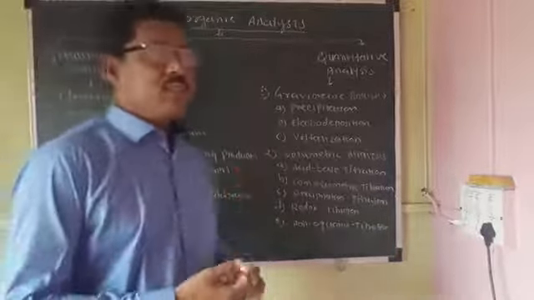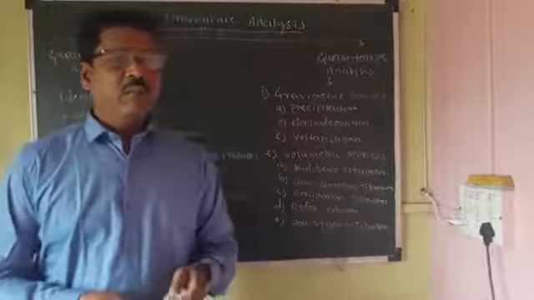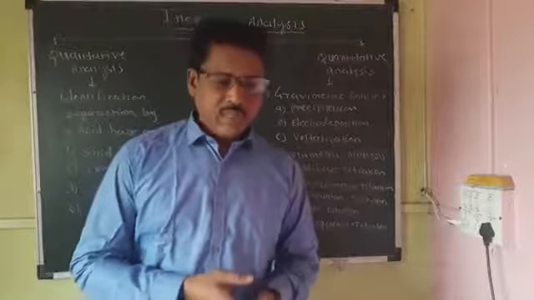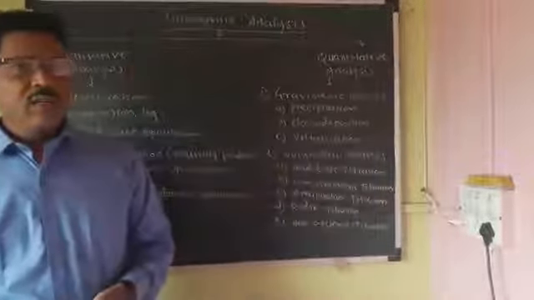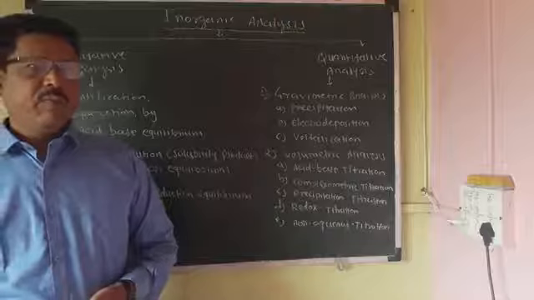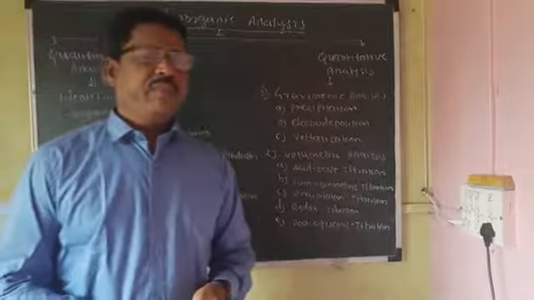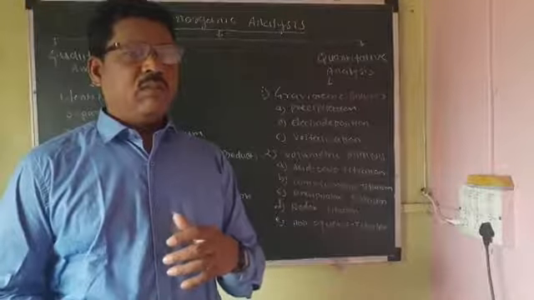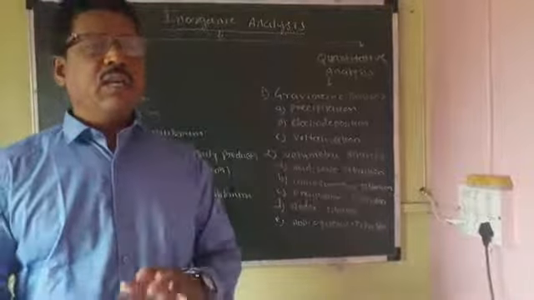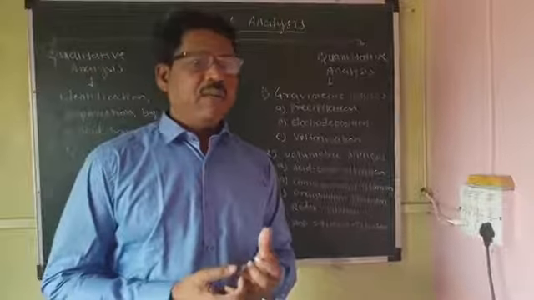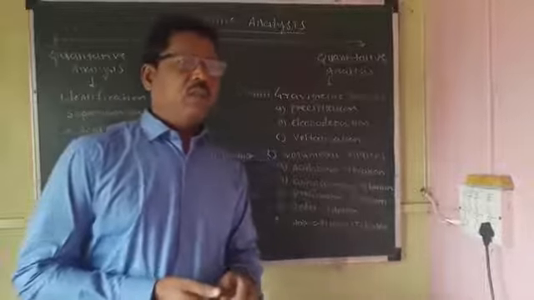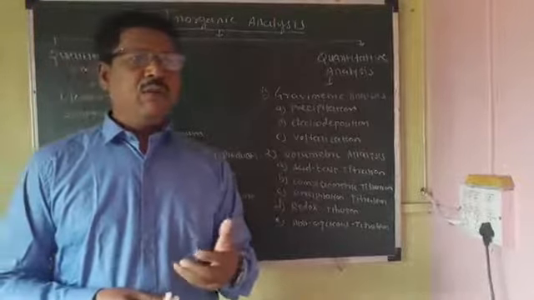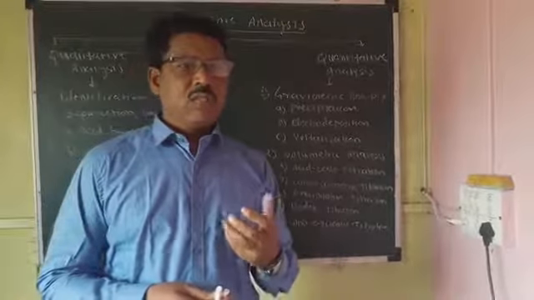And quantitative analysis is how much amount is present in the sample. That is known as quantitative analysis. Therefore, in analytical chemistry, there are different methods for determining the chemical composition of samples of matter. Qualitative methods yield information about the identity of atomic or molecular species or the functional groups in the sample.